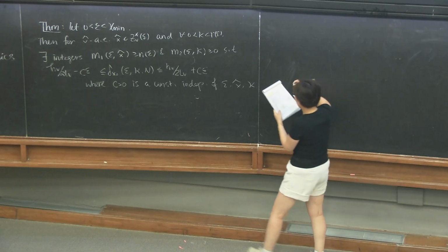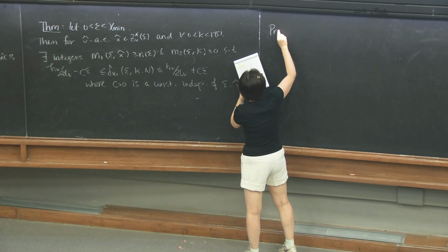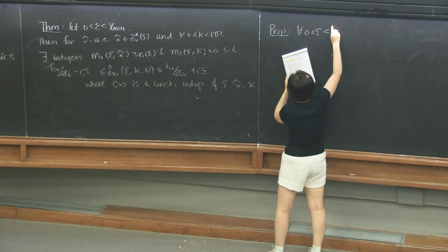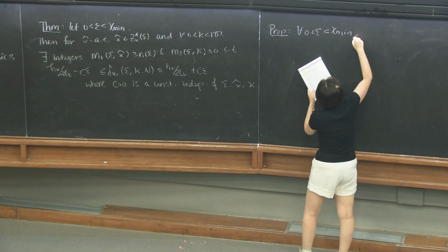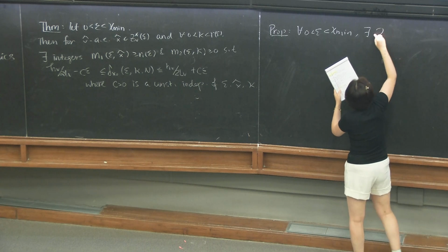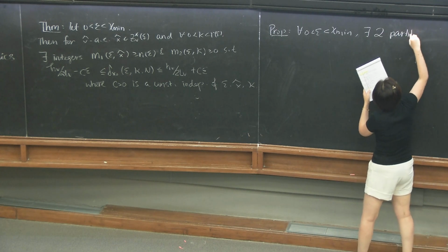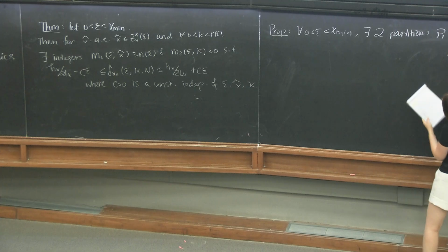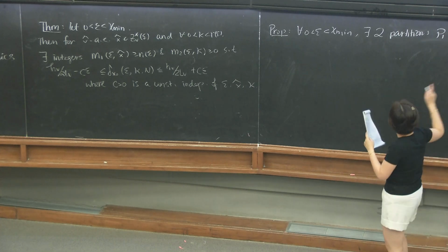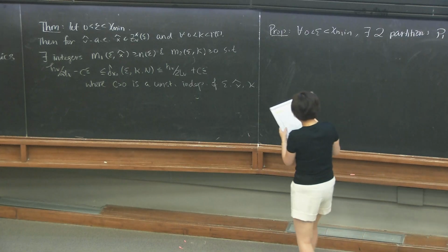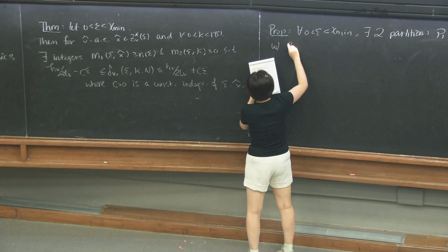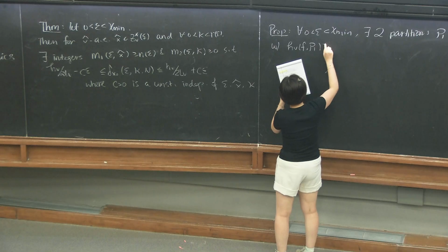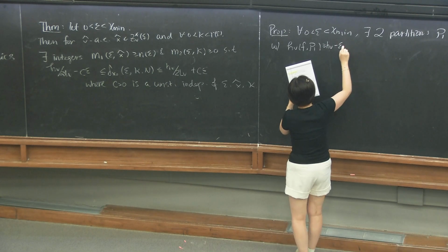So, the proposition. For any epsilon in this range, there exist two partitions, P1 and P2. One is going to give you the lower bound, and one is going to give you the upper bound, with the entropy of the first partition greater than or equal to this measure theoretic entropy.